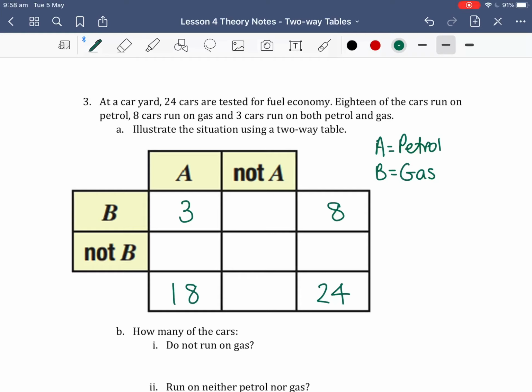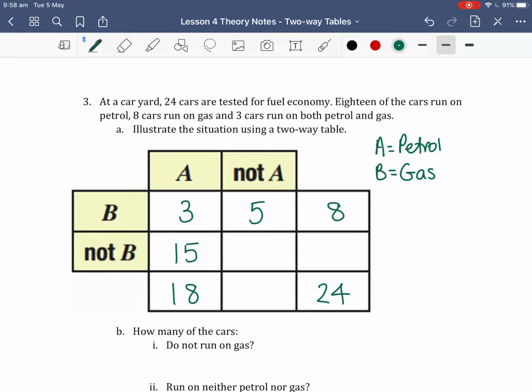We know that the row of B must add to 8, so 3 plus something equals 8. We're going to make that a 5 because 3 plus 5 equals 8. We then know for our column of A that 3 plus something must equal 18, so that must be a 15.